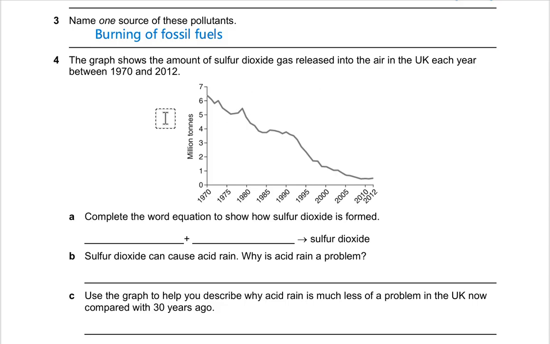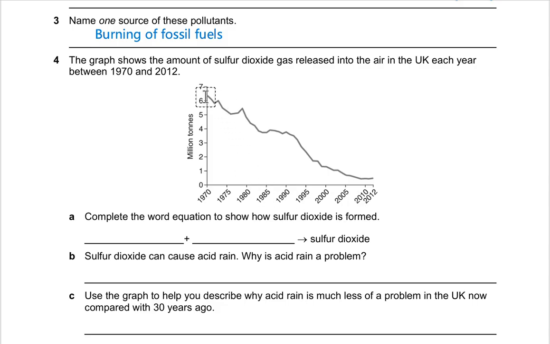Okay, then there's a line graph here in question 4. It shows the amount of sulfur dioxide gas released into the air in the UK each year between 1970 and 2012. Right, so you can see the axis here. This is million tons, and here the years are given.